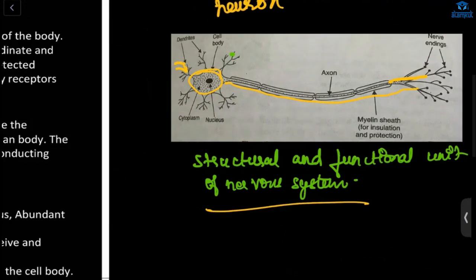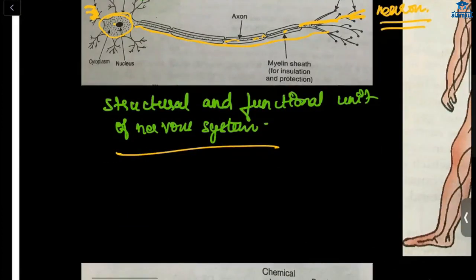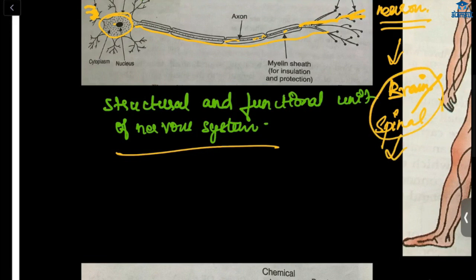The signal received by the receptors travels to the dendrites, then to the cell body, then to the axon, then to the next neuron, from there to the brain or spinal cord. Then the brain and spinal cord give instruction. Again it goes to the neuron, from there to the muscles, and they respond. This is the cycle.